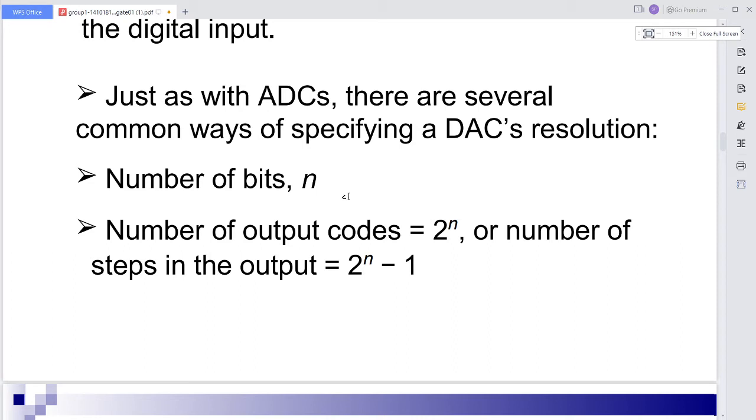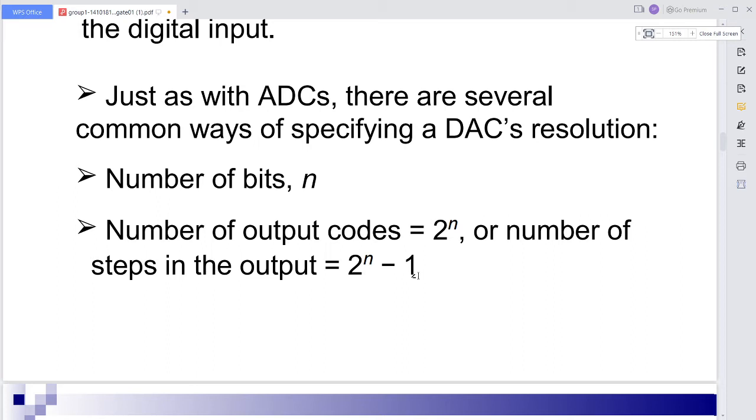Likewise, for the 2 power n combinations, I must get 2 power n number of outputs. Those outputs I can represent from 0 to 2 power n minus 1. 0 is also an output. For example, for the first input, all 3 zeros, the output will be 0 only.